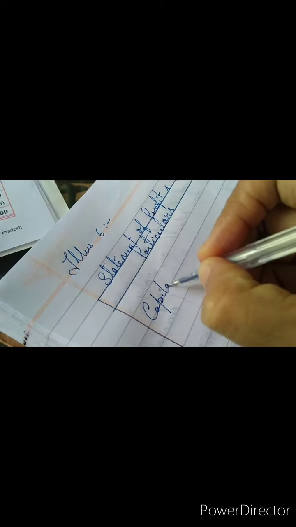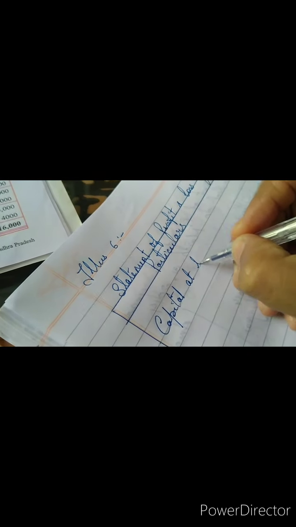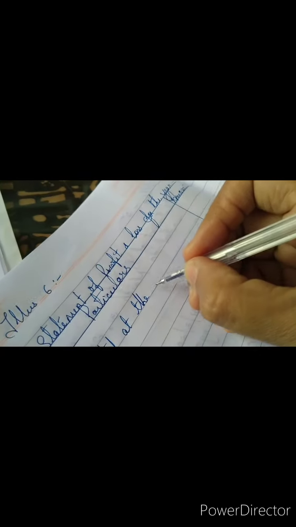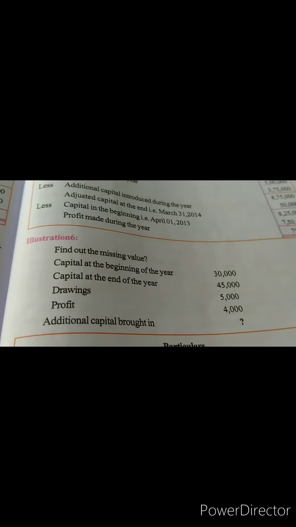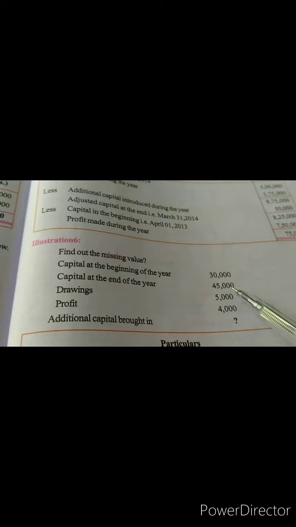So here we take capital at the end of the year, given in the question as 45,000. Be very careful when you take capital at the beginning and capital at the end. Most of the people make mistakes there.